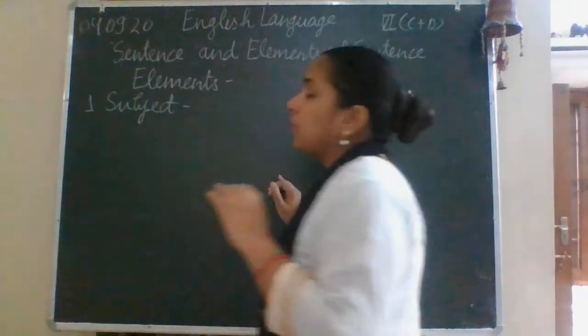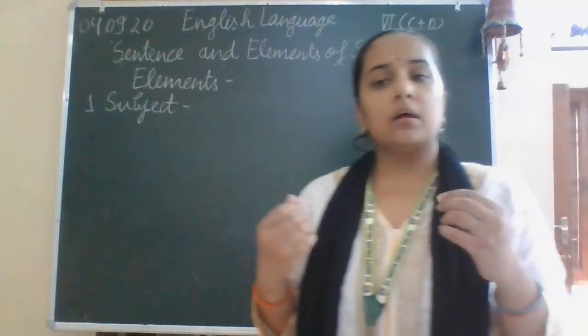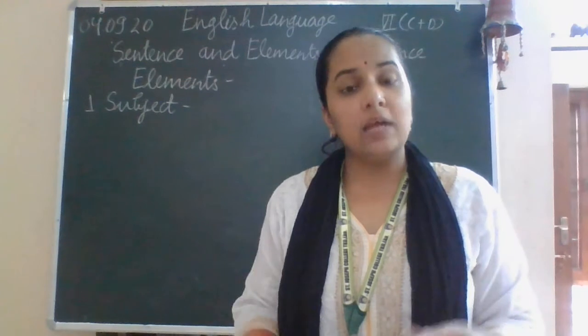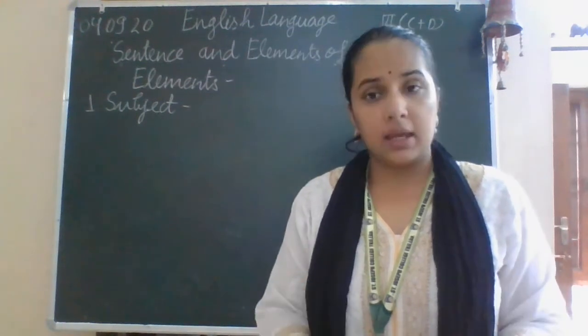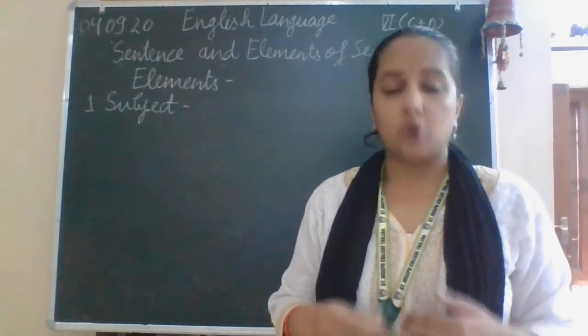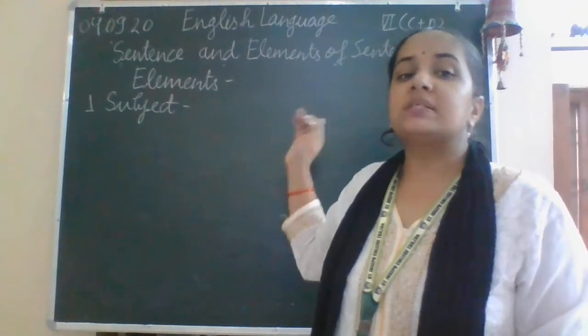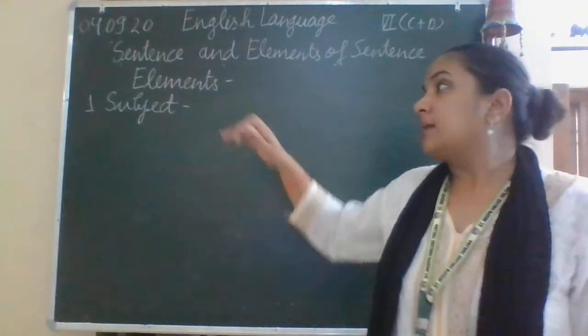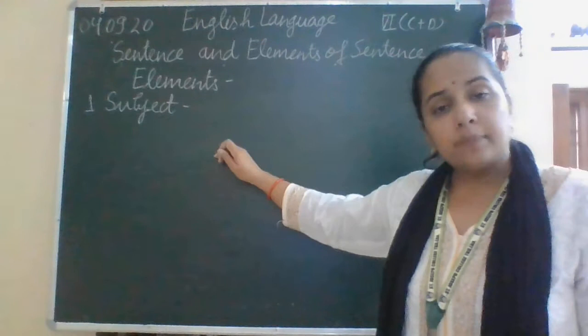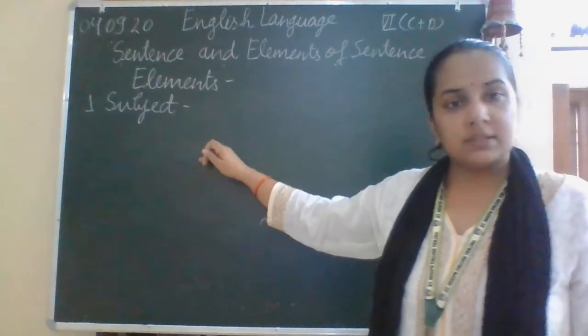The subject of a sentence is the word that gives you the name of a person or thing about whom we are talking, or about whom the sentence is speaking. That will be the subject of the sentence.